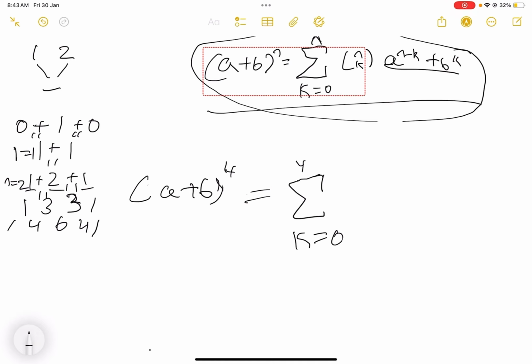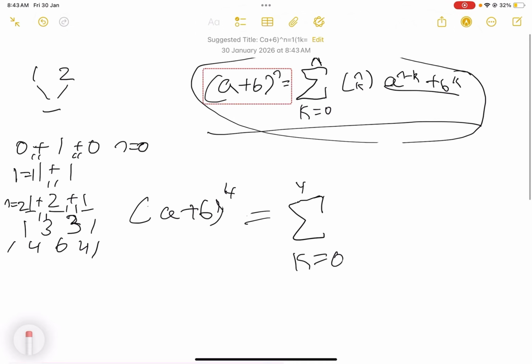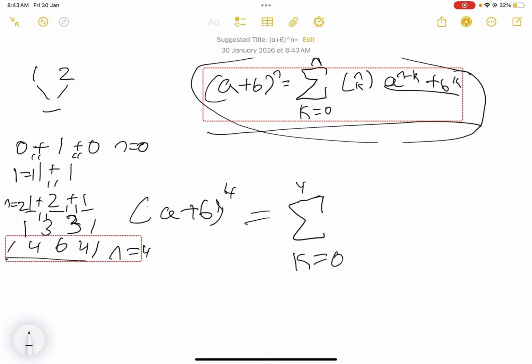And this is n equal to 0, which is just 1. And here is to the fourth. When we write to the fourth, we get this function right here, and we get these coefficients right here, n equal to 4, these ones.